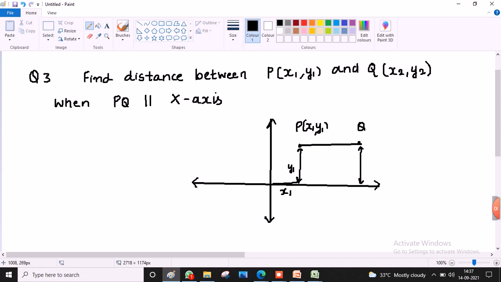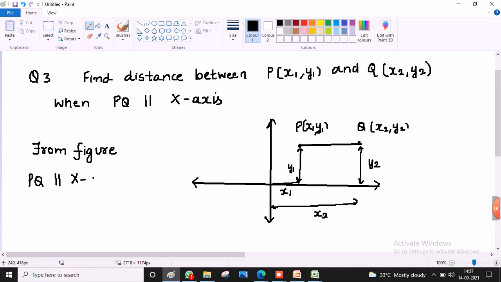And if Q is x2 comma y2, it means this horizontal distance is x2 and vertical distance is y2. Very clearly from the figure, we can see that when PQ is parallel to the x-axis, then y1 is equal to y2. The vertical distances are the same.